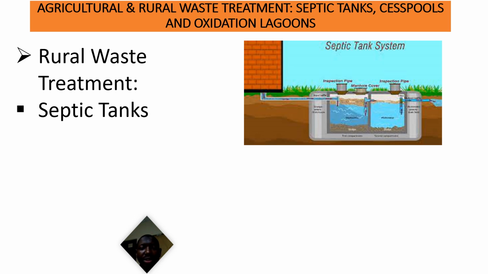So the sludge in the tank and organic chemicals in the water are digested by microorganisms, just like in the secondary treatment. So in essence, the septic tank serves as a kind of closed system that provides complete waste treatment.